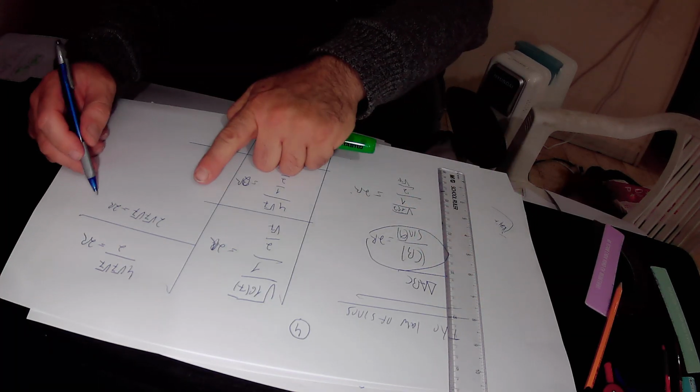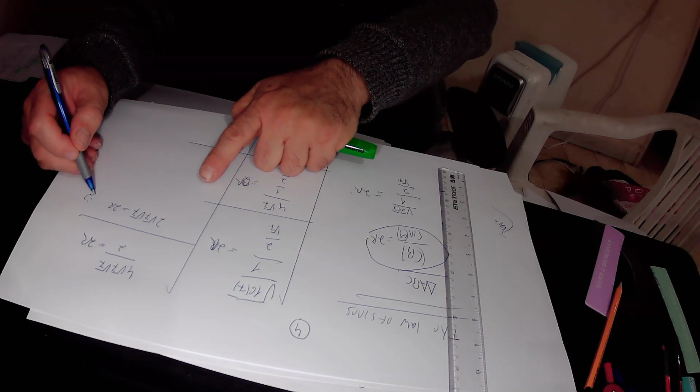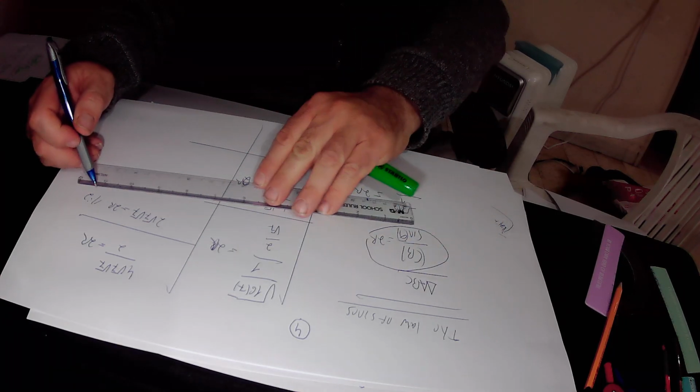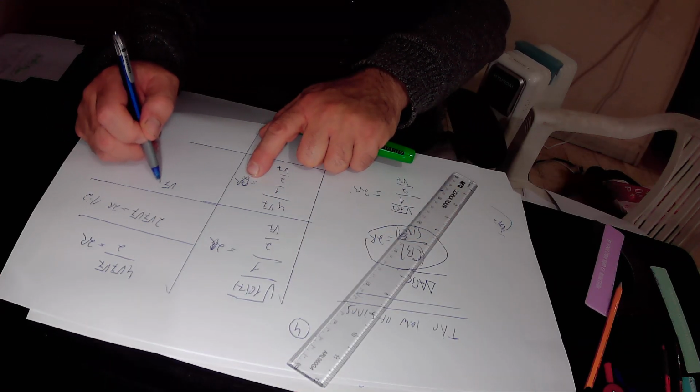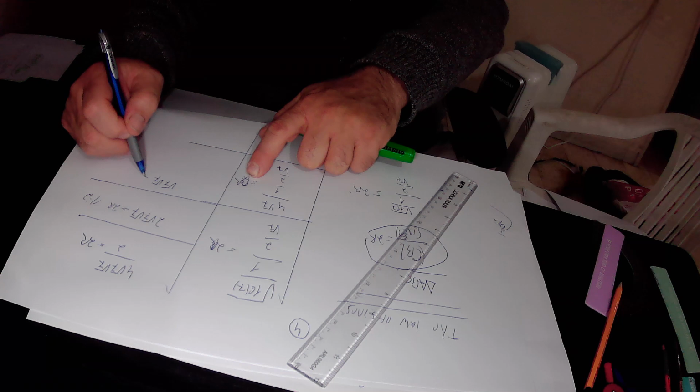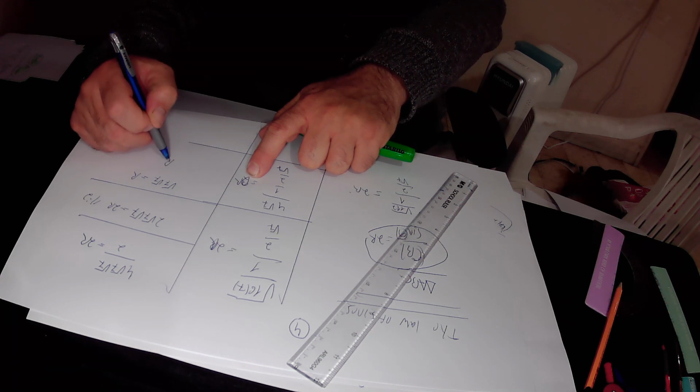Here we divide this equation by 2, and finally get that square root of 7 times square root of 7 equals R, or R equals 7.